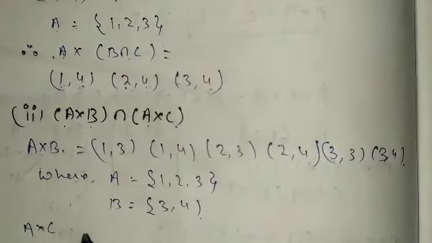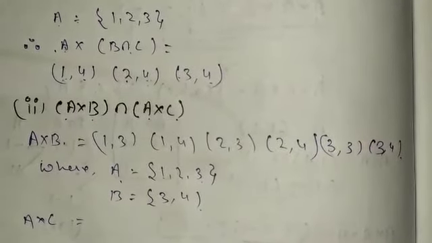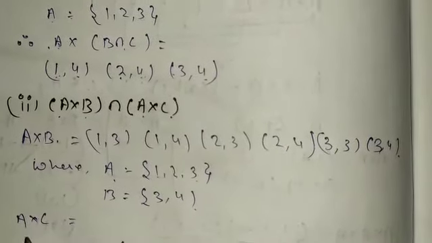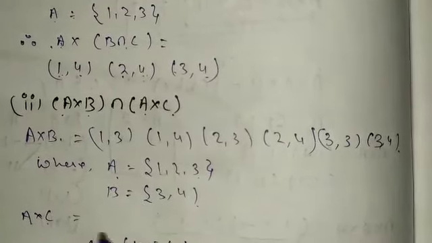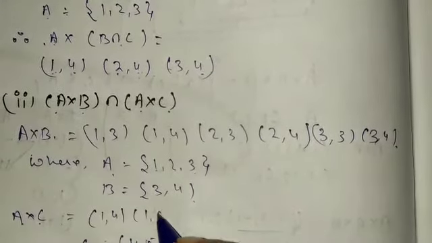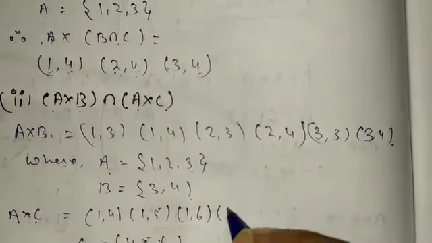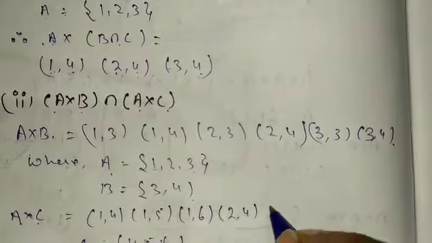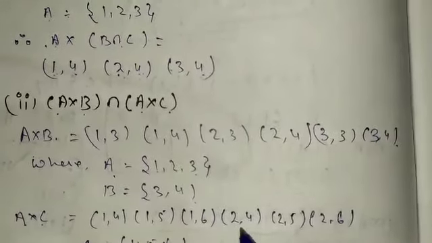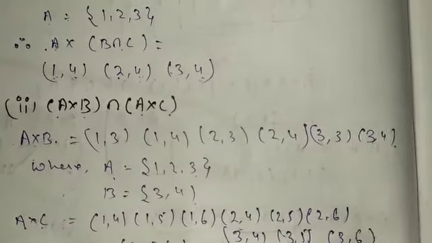And similarly A into C, where set A includes elements 1, 2, 3 and set C includes elements 4, 5, 6. So A into C will equal (1, 4), (1, 5), (1, 6), (2, 4), (2, 5), (2, 6), (3, 4), (3, 5) and (3, 6).